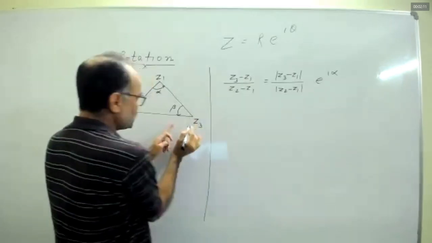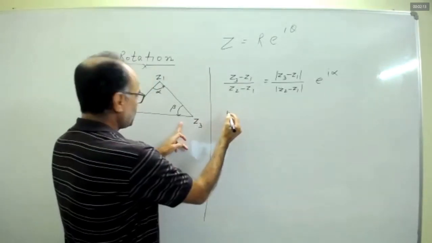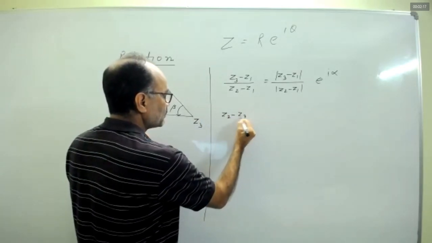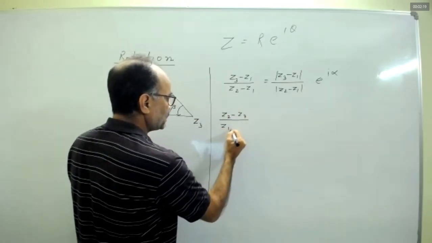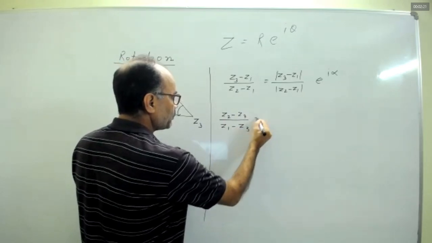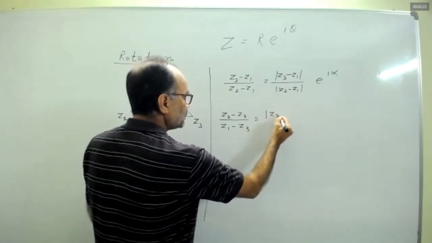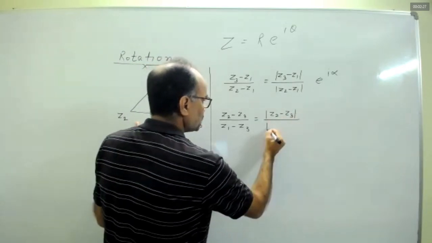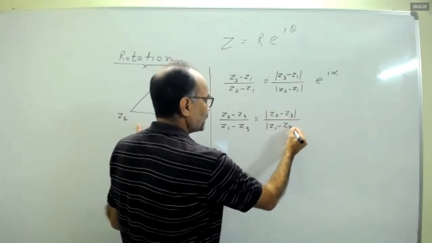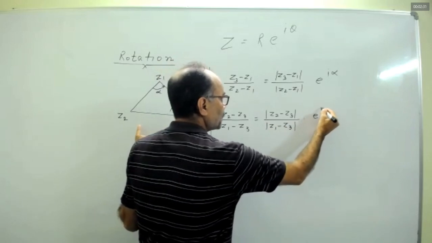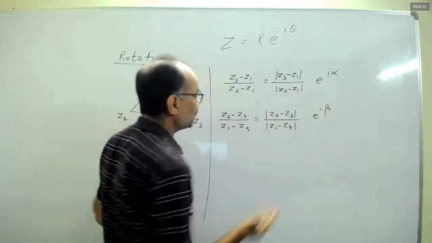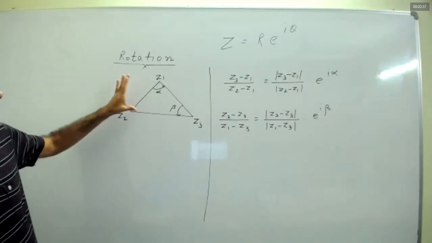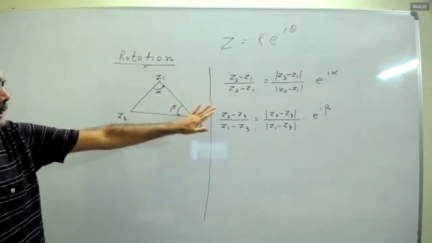So the same result we can establish: the rotation Z2 minus Z3 by Z1 minus Z3 is a complex number with this magnitude and argument e to the power i theta. So through any angle we can establish the result.